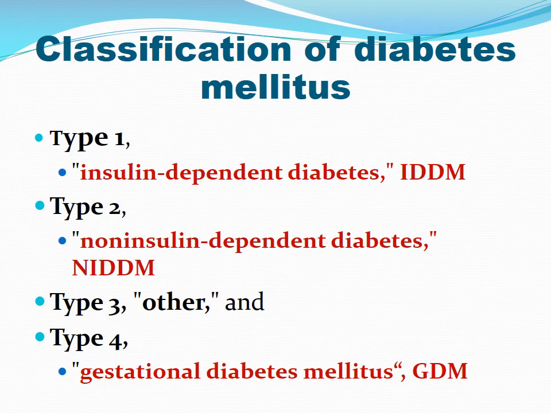In type 1, no insulin is secreted, and the patient should take insulin replacement. Type 2 is treated mostly with drugs.